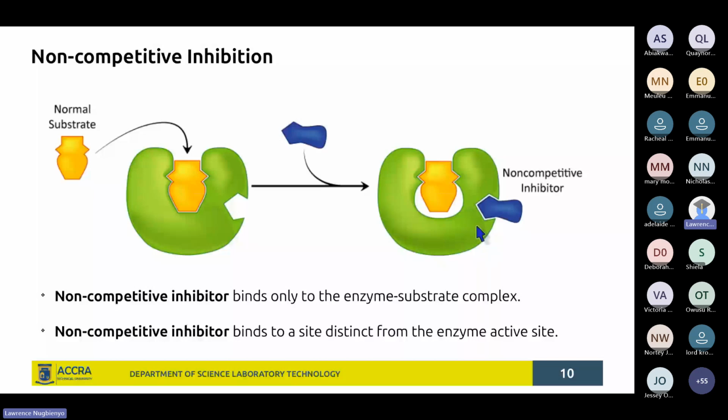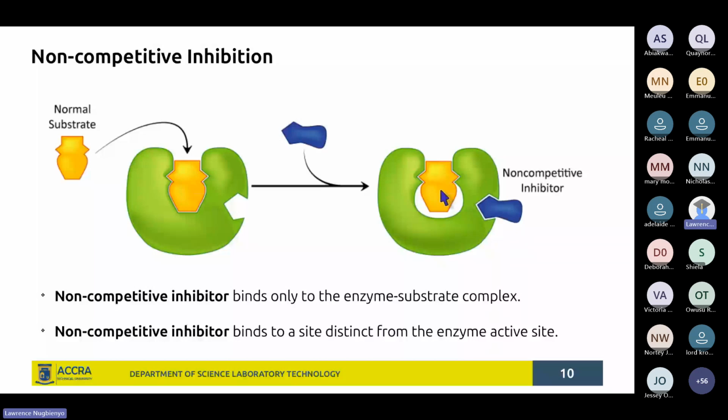I mean, this is being depicted as once you have the inhibitor binding to the enzyme, it changes the conformation of the active site so that the active site is not fitting to the substrate, so that there will not be any activity on that substrate. And thus the reaction is inhibited.